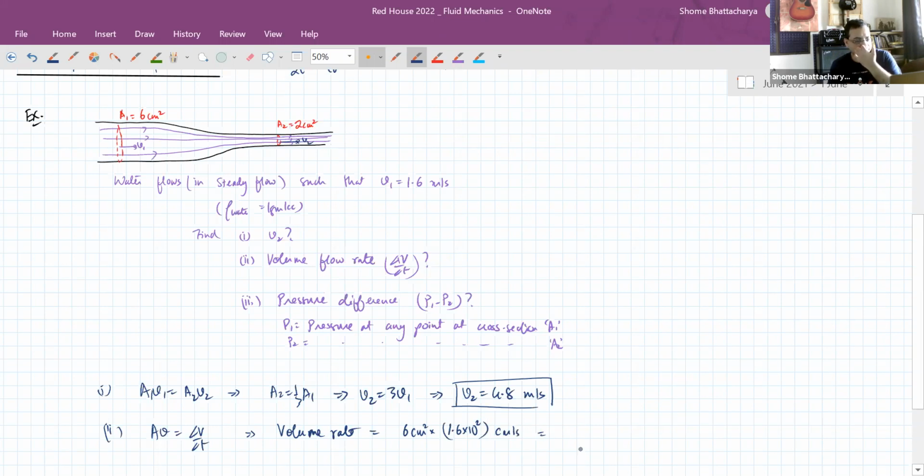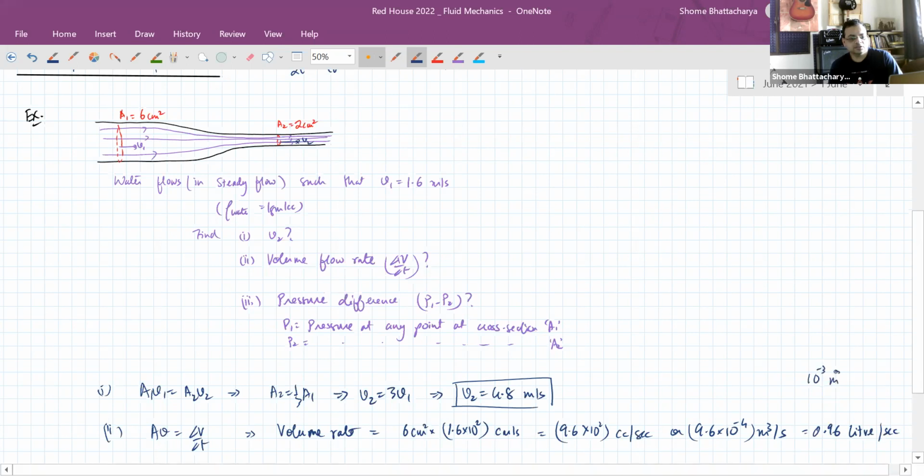So that will become 9.6 into 10 raised power 2 cubic centimeters per second. So that will be the same thing as 9.6 into 10 raised power minus 4 meter cube per second. Or you can even see that that is 0.96 liters per second, because 10 raised power minus 3 meter cube is 1 liter.